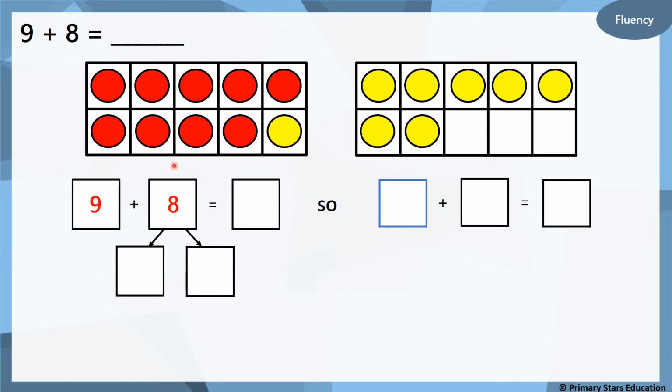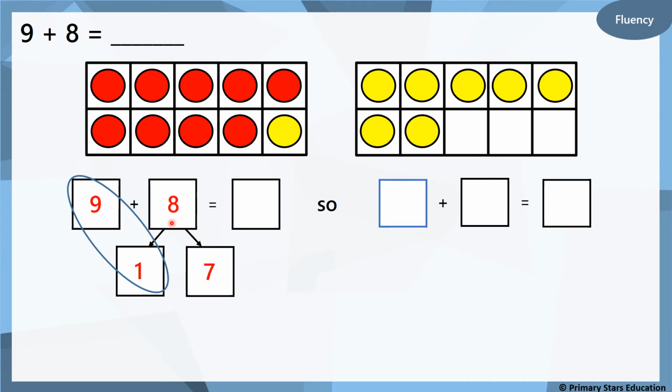There they are. Now again, I can see that I filled an entire tens frame. So to make that 10, I can think about my number bonds. I had 9, add 1. 9 add 1 equals 10. But then I partitioned my 8 because I ran out of space, and I have 1, 2, 3, 4, 5, 6, 7 on my other tens frame, because we know that 1 add 7 also equals 8, doesn't it?